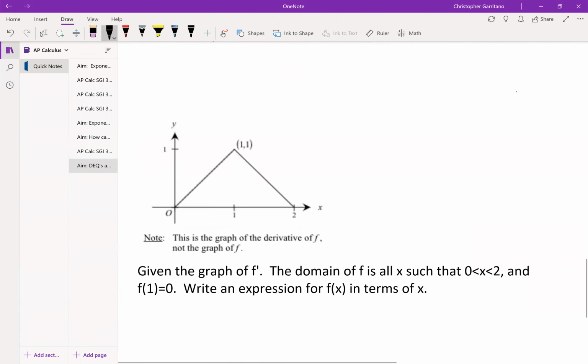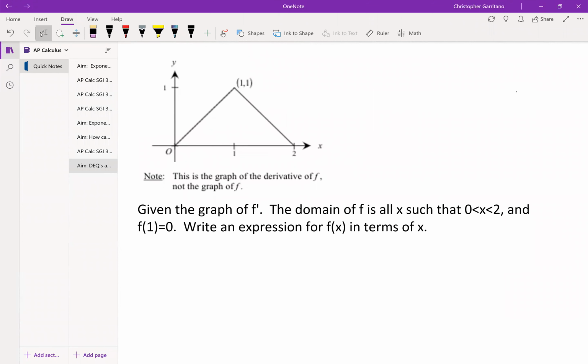All right, moving on. I saw this problem on AP Classroom, and I thought it was pretty interesting. So I wanted to go through it in detail. So we're given this graph. Notice that this is the graph of the derivative of f, and it's not the graph of f.